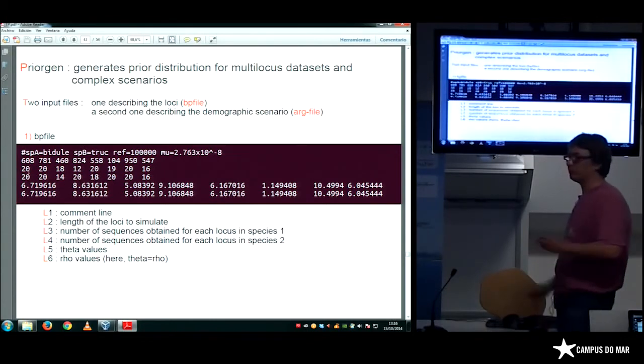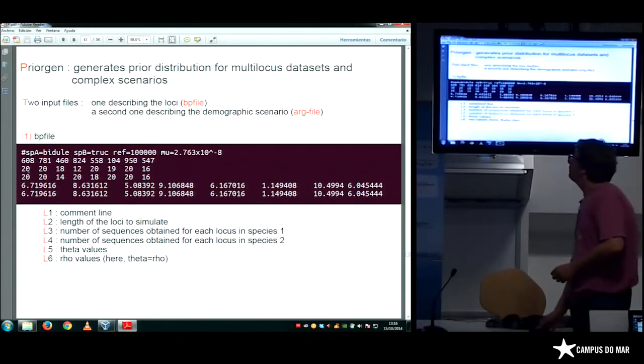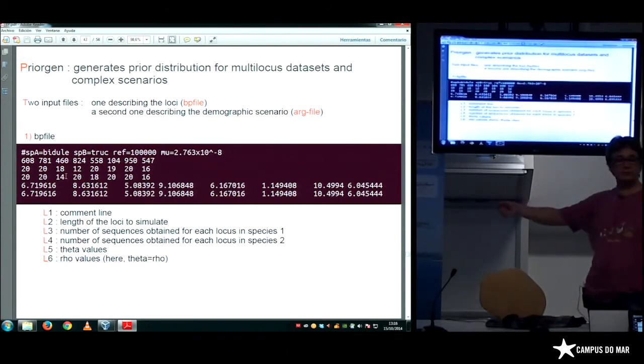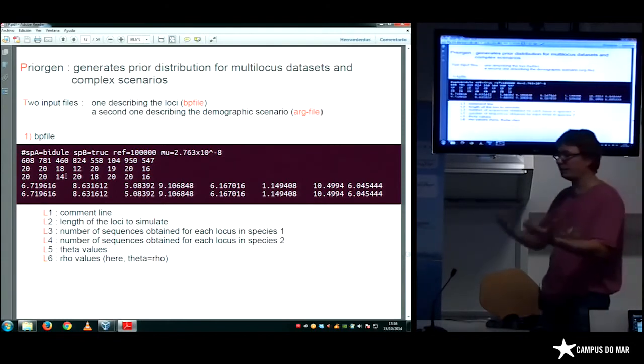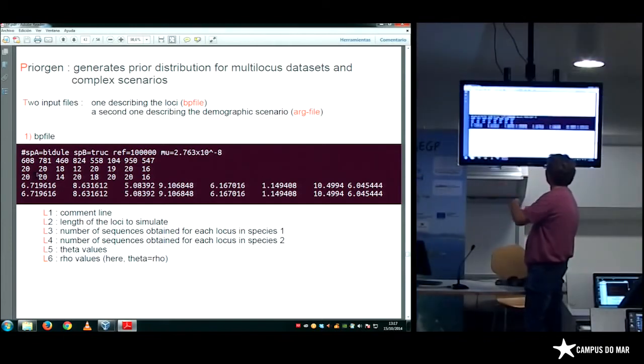So for the first locus, we have 20 sequences in truc and 20 sequences in bidule. The same for locus 2, and for locus 3, we have 18 sequences in species A and 14 sequences in species B. So it gives you the structure of your data set, what you really have in your data set.